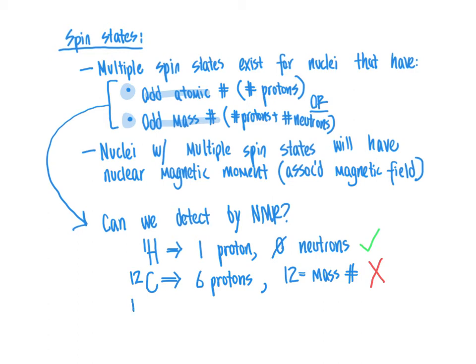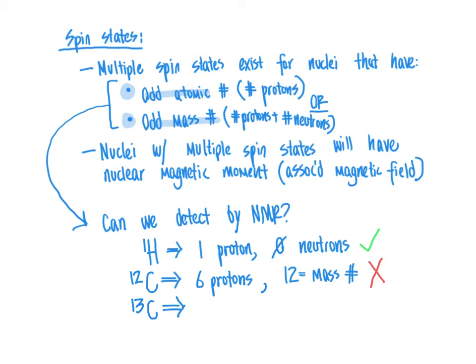Well, the workaround for this is that carbon-13, while present only as approximately 1% of the natural abundance of carbon, is detectable by NMR. And so by random chance, when exploring a molecule that you have synthesized, 1% or so of the carbon atoms will be carbon-13 that can be detected by NMR.